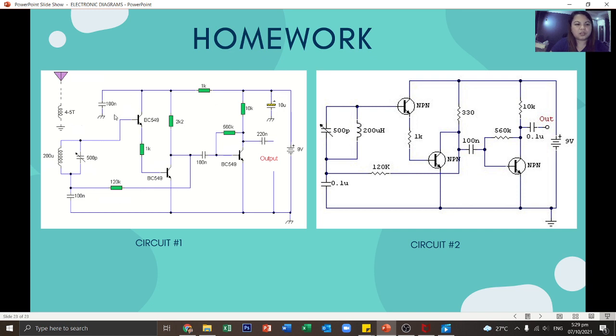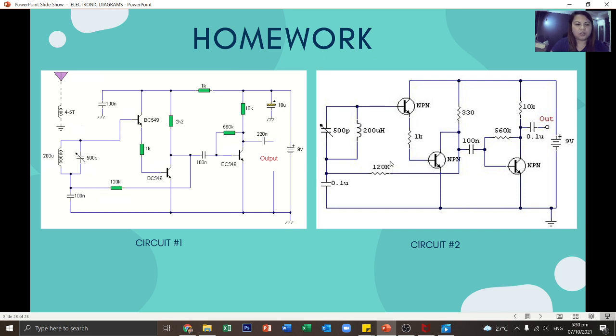So you trace all the paths of the current. Here we have the ground. As you can see, the ground is not connected to the negative, but it has a symbol of ground, which means this should be connected to negative. So it ends or terminates here. It is considered as negative already.